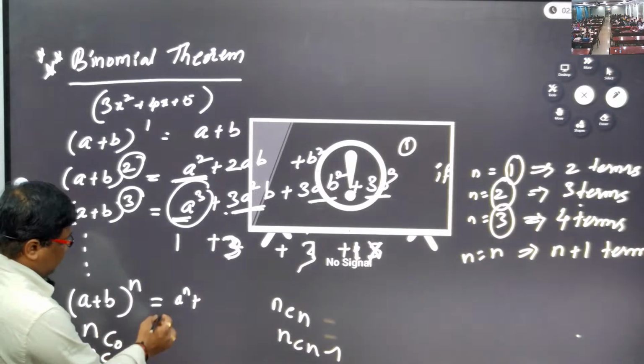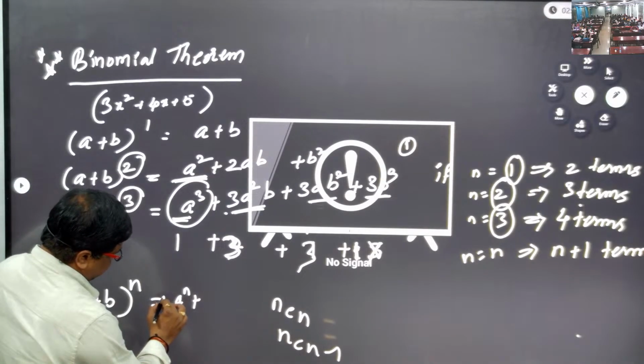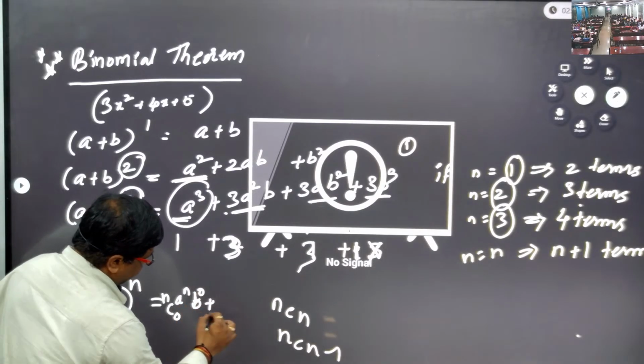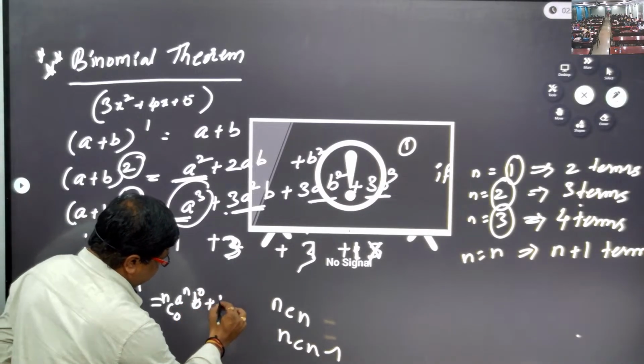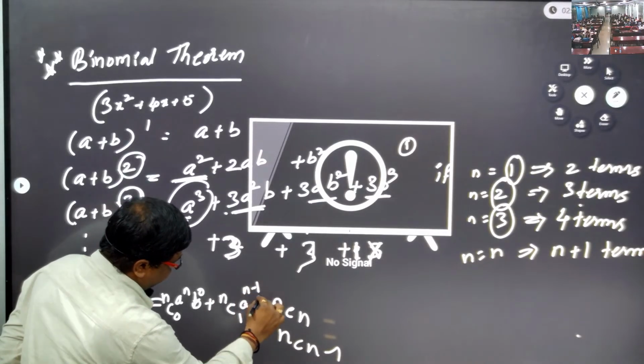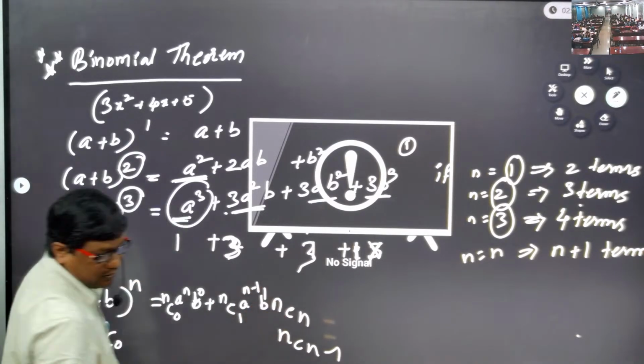For NC naught, you will be getting NC naught a power n b power 0. For NC1, a power n minus 1 b power 1.